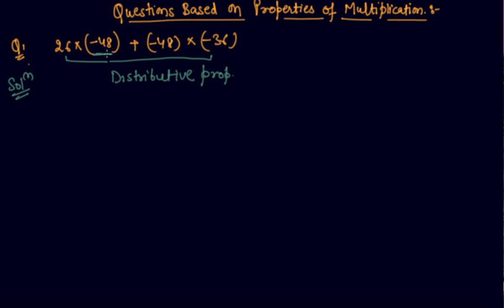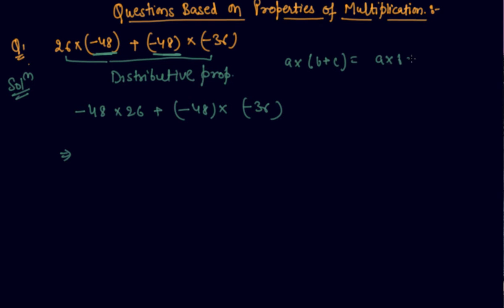Because I am seeing these two numbers same, I can write minus 48 into 26 plus minus 48 into minus 36. So what does the distributive property state? A into B plus C will be equal to A into B plus A into C.